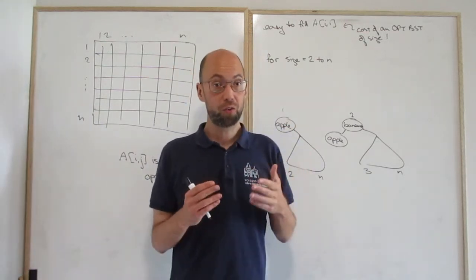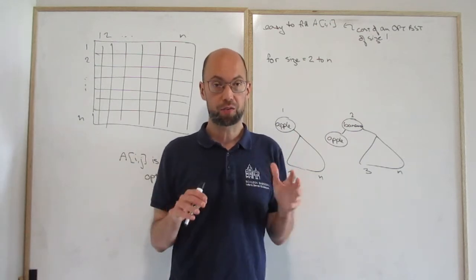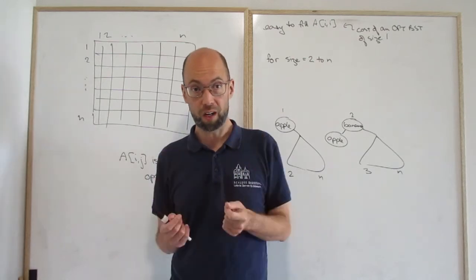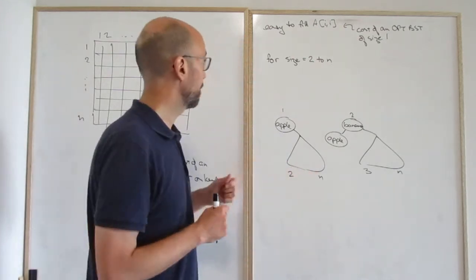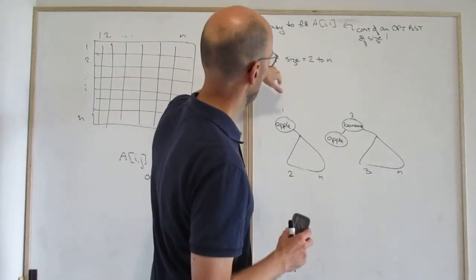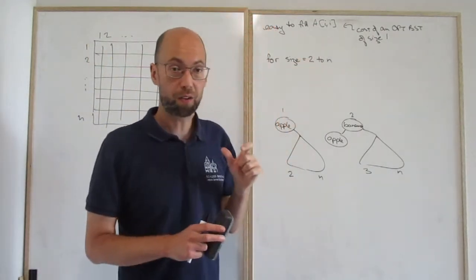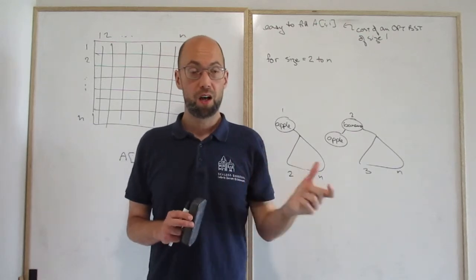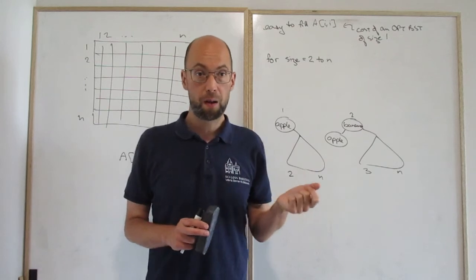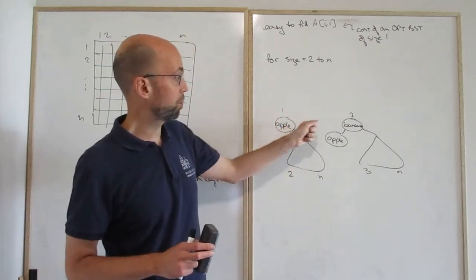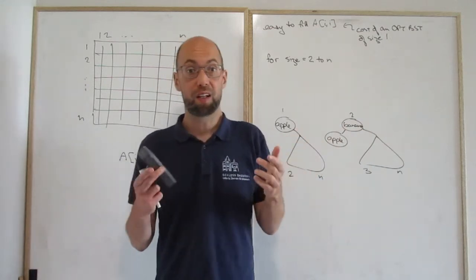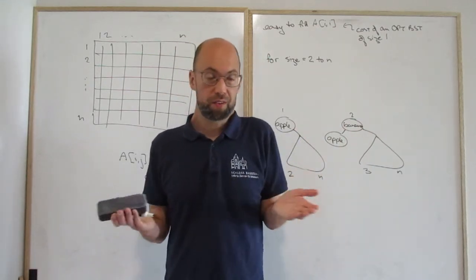So if we assume that we have all of the costs worked out for all of the trees of size up to n minus 1, then we can find the cost of an optimal binary search tree of size n by going through all of the possibilities for the root and saying, okay, what are the two subtrees?